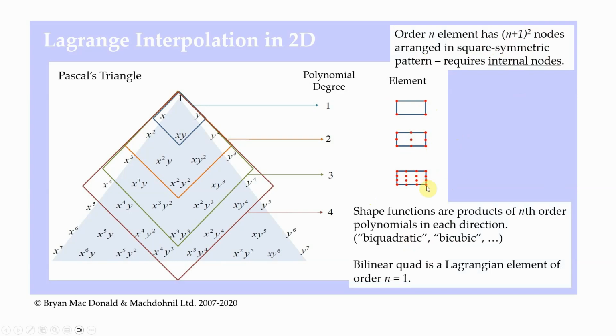A bilinear quad is a Lagrangian element of order n equal to 1. So it's this one here. We're going to look at this one as the simplest one in this introductory lecture on interpolation. Later on we'll get into the more complicated ones, but for now we're just going to look at this one to see how the process works, because it's the simplest one available to us.